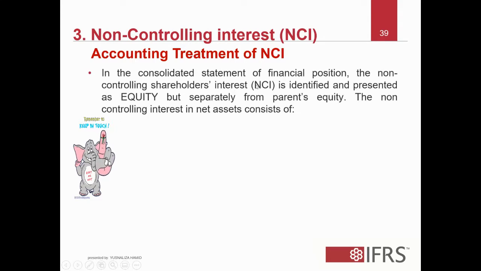So let's look at the accounting treatment of the non-controlling interest. In the consolidated statement of financial position, the non-controlling interest will be identified. You're going to identify them, calculate them, and present this equity. Remember I mentioned this is equity, but it must be separately presented from the parent's equity.